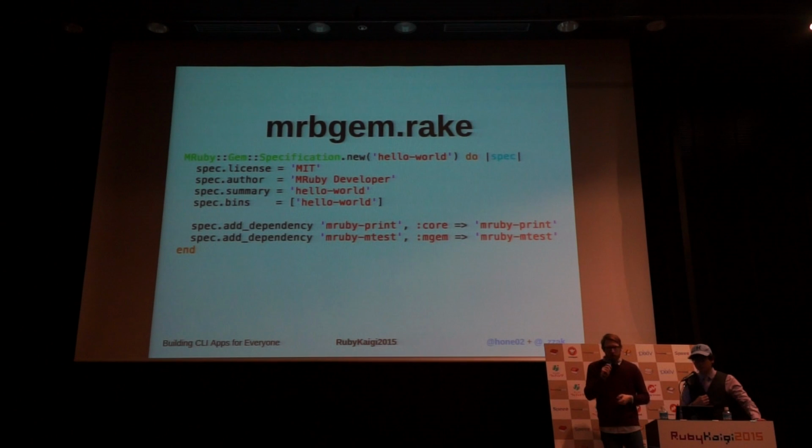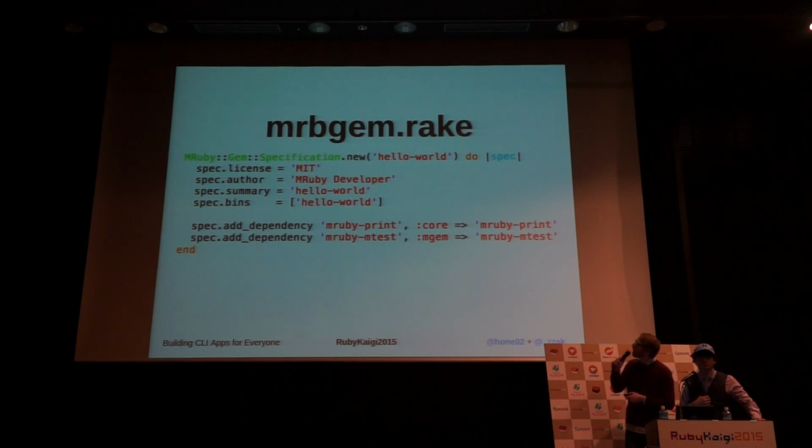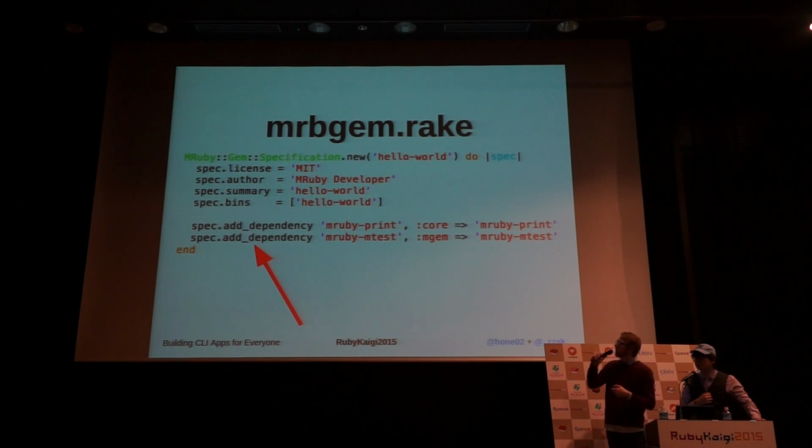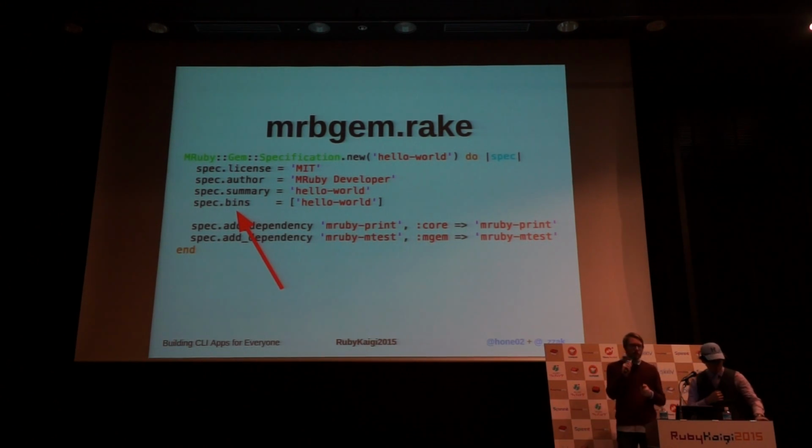And if we look at the gem specification for the app, it looks very similar to the one we showed you earlier. We add dependencies, this gets generated for you, and so we have mtest and print. I'll get into mtest in a second, but basically this is where you put your dependencies, and then the most important option is the bins option, which tells mruby to generate a binary for your application.